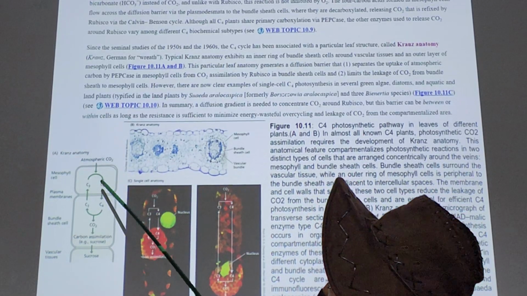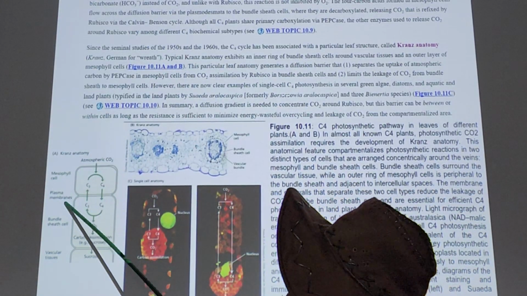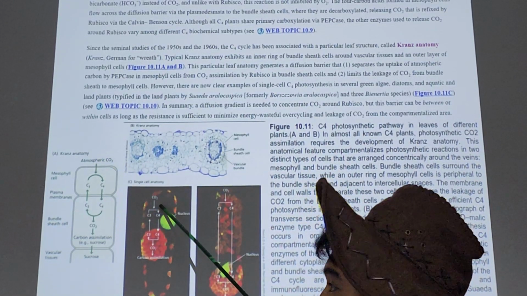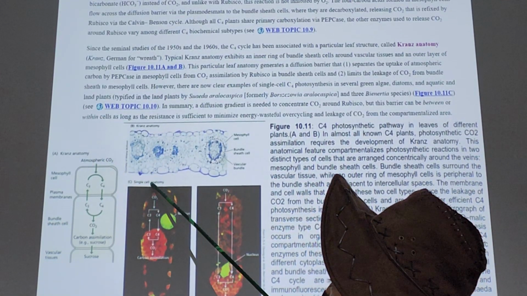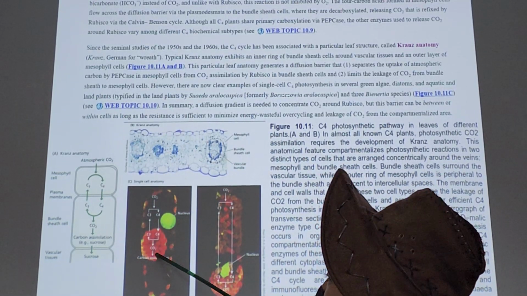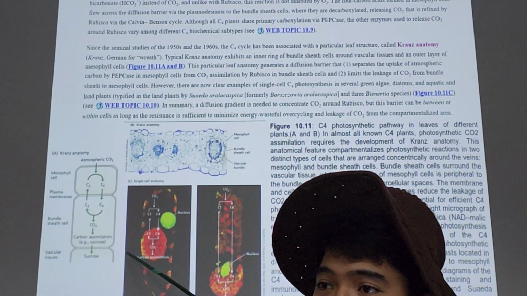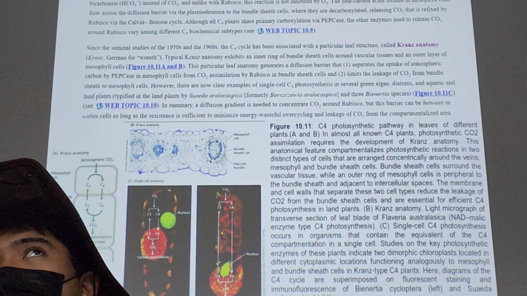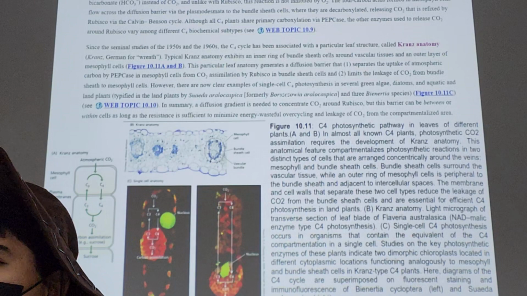However, the fixation of the carbon happens at one end of the cell, which is close to the atmosphere, and then the assimilation, the regular Calvin cycle, happens in the middle of the cell. So we call this carbon compartmentalization.